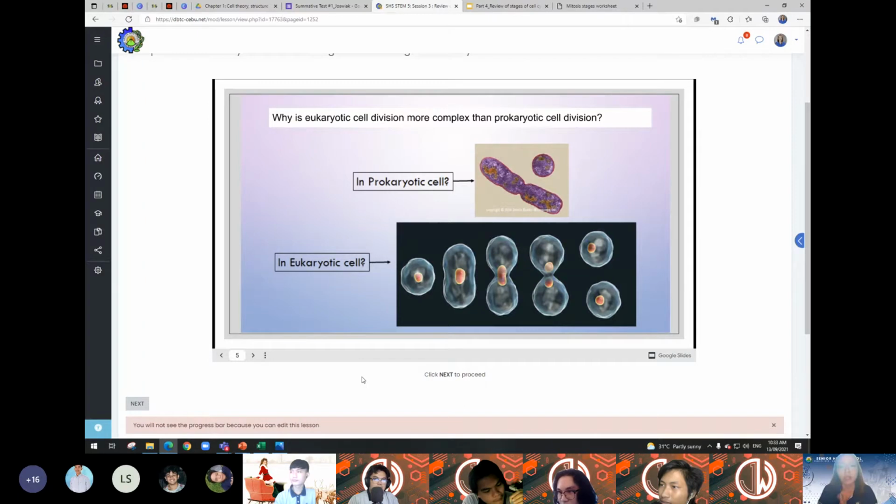Okay. I will accept that. But don't forget, class, that prokaryotes don't have a nucleus. Right? The DNA is in the nucleoid region, meaning it's not encapsulated. There is no breaking of the nuclear membrane. Unlike the eukaryotic cell, where aside from the nucleus, we have organelles to be duplicated.